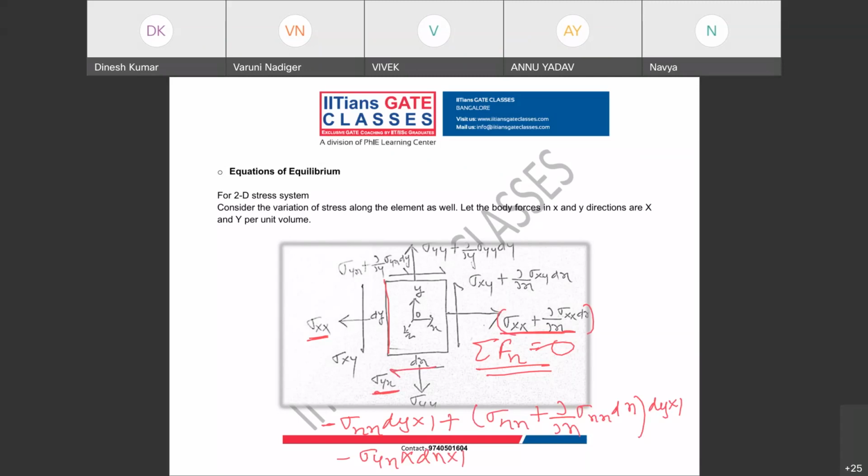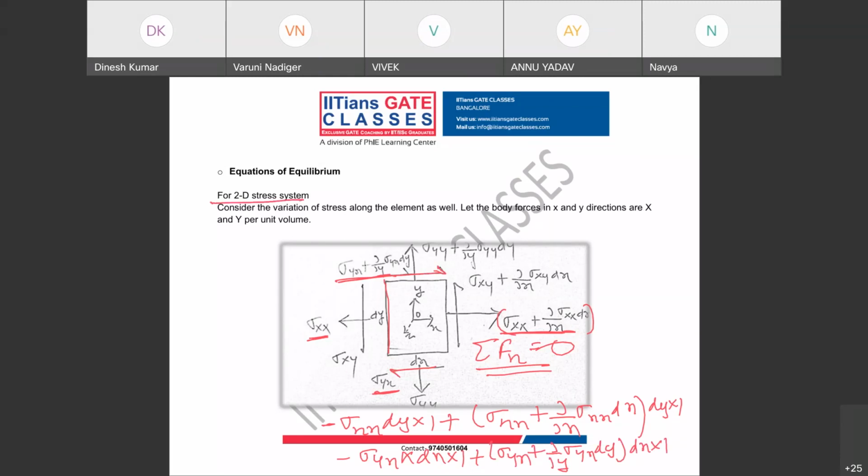Then this shear stress is going in positive axis direction, so force will be sigma yx plus dou by dou y of sigma yx into dy, into dx into 1, because it's a 2D case.